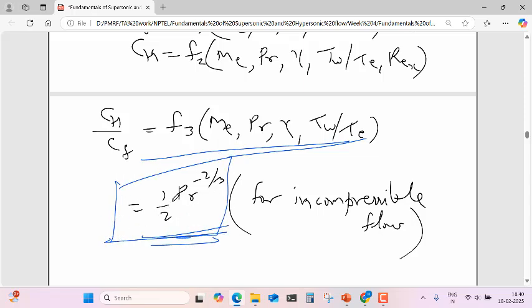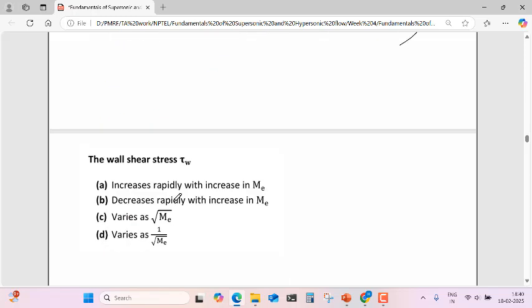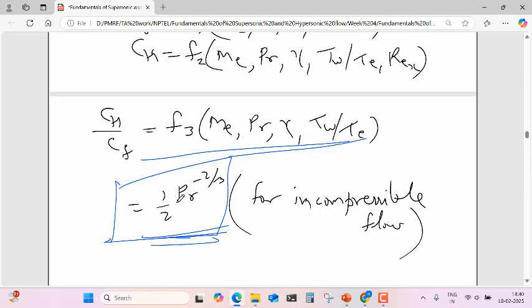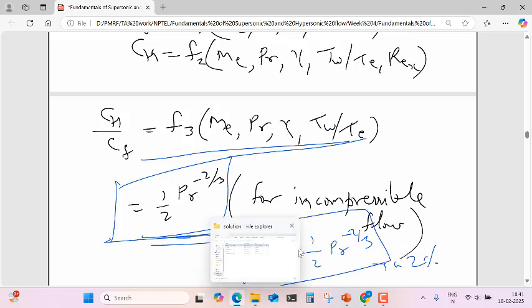We will see in the slides that for compressible flow also there is not much difference from this value, 1 by 2 Pr to the power minus 2 by 3. For compressible flow also the difference is within 2%. So generally for quick calculation we also take this for compressible flow.